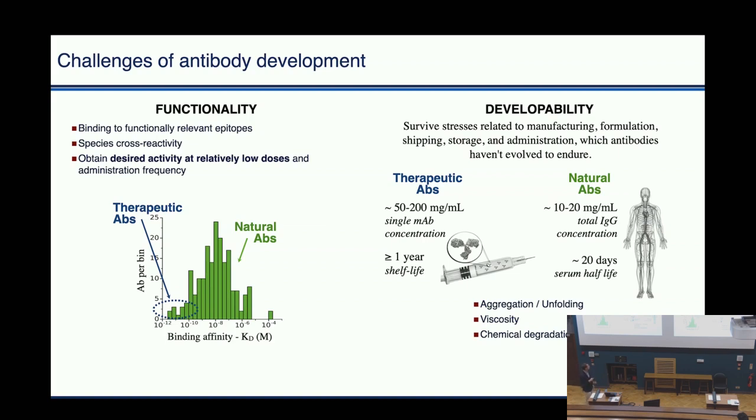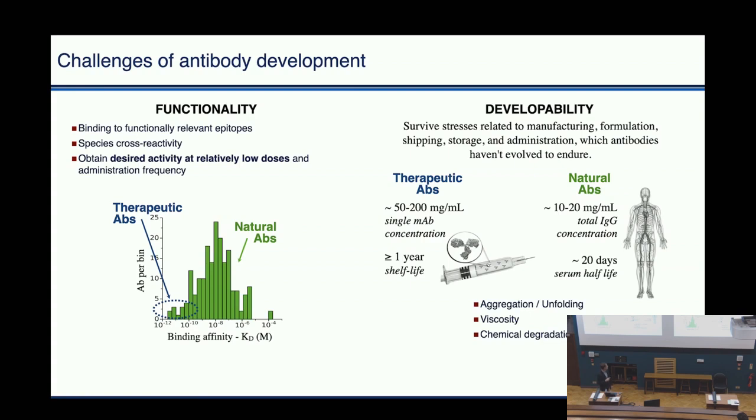And if we just look at some numbers to get a sense, for subcutaneous injection, we need a concentration of a single antibody up to 200 milligrams per ml, while the total IgG concentration of all antibodies in our body is typically an order of magnitude below. And also the half-life of antibodies that they have evolved with is roughly 20 days, but we need products that are stable for at least 1 year.